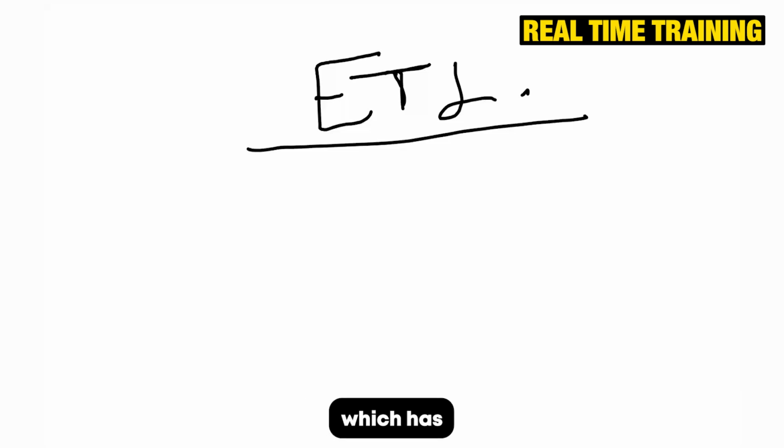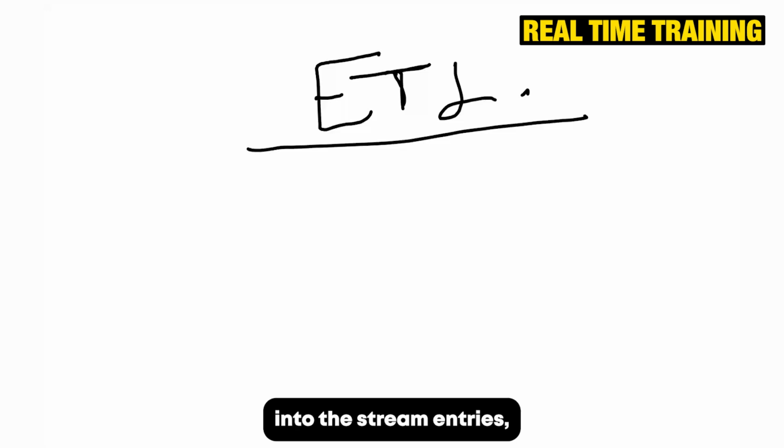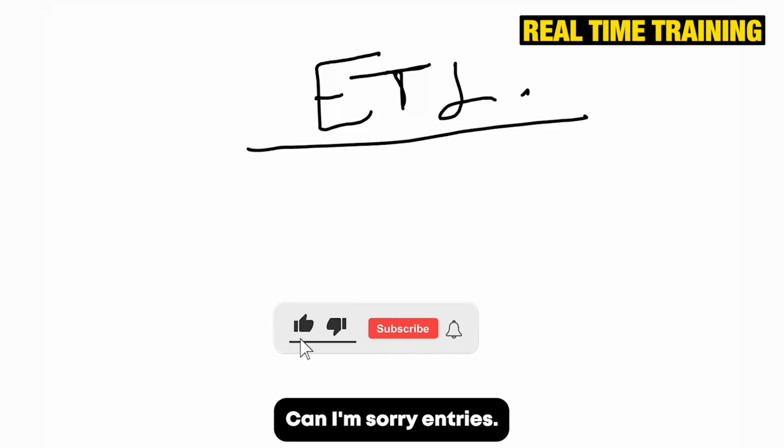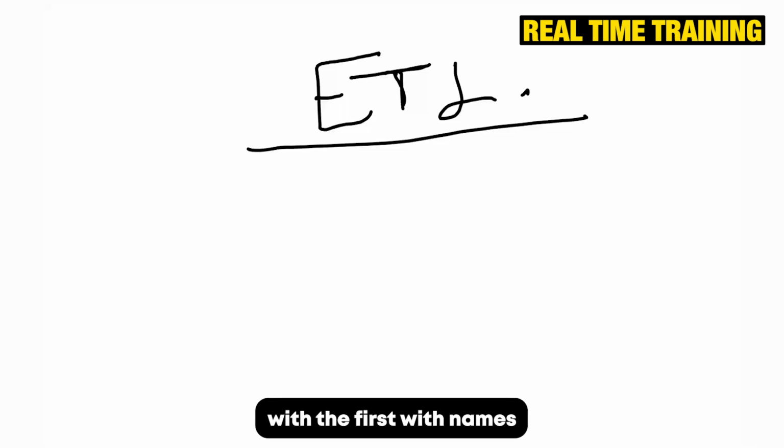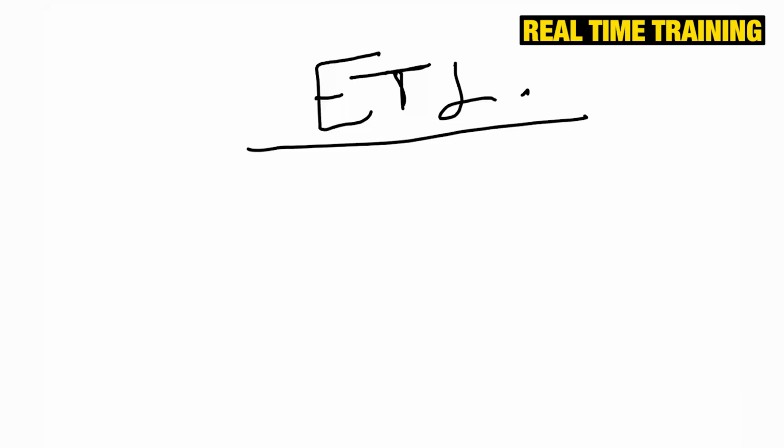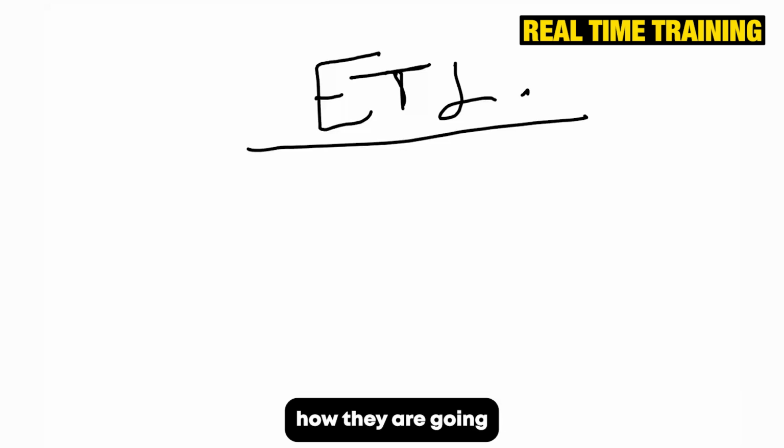Entries which have a unique identifier can be brought into the stream. Entries with no unique identifier are scrap. Entries with names not present can be brought into the stream, because anyway they have some sort of unique identifier, so we can figure it out. So this is the exception report on how they are going to handle that.